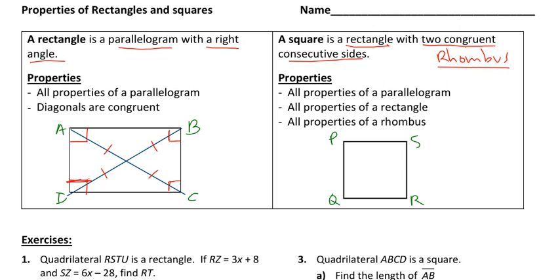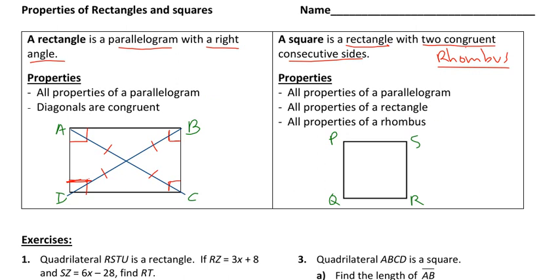The properties: a square has all the properties of the parallelogram because a rectangle and a rhombus are parallelograms, so the square will have all the properties of the parallelogram, which we already reviewed with the rectangle. And it also has all the properties of a rectangle because a square is a rectangle.